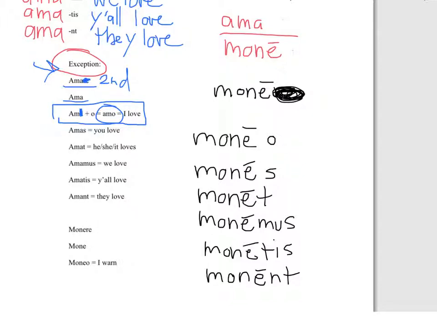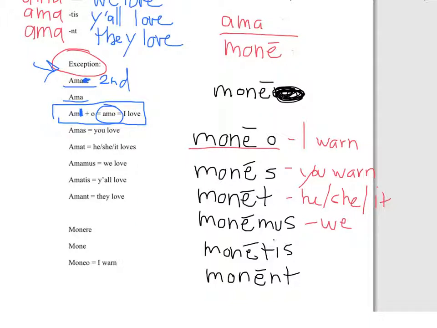Moneo, just like amo, would be translated as I warn in this case, because the verb means warn or advise. The second one would be you warn. He, she, or it warns. We warn, or advise, or admonish. Y'all warn. And finally, they warn.